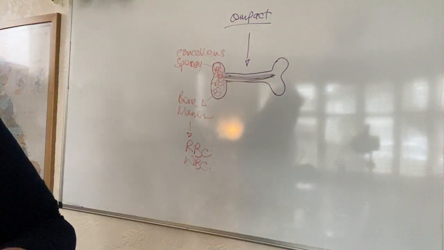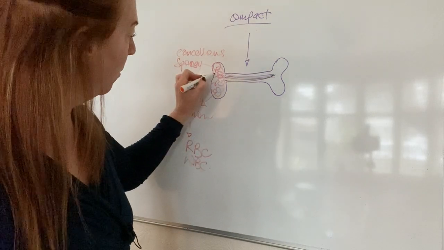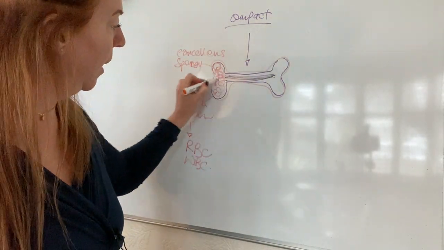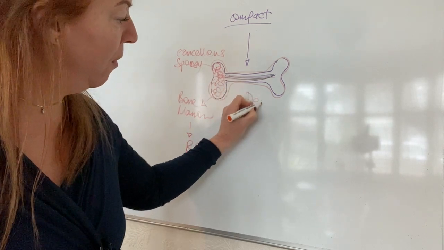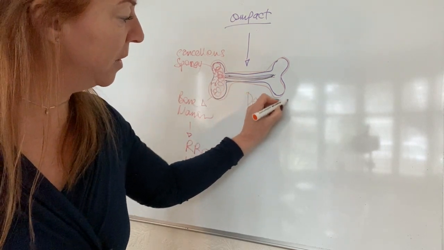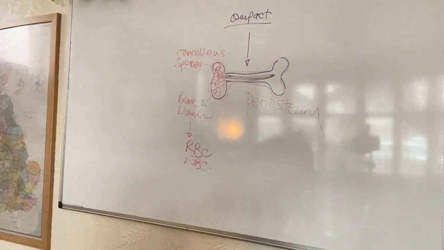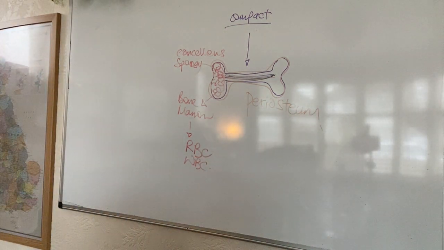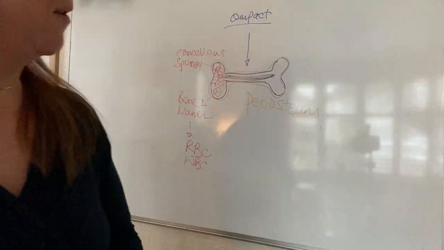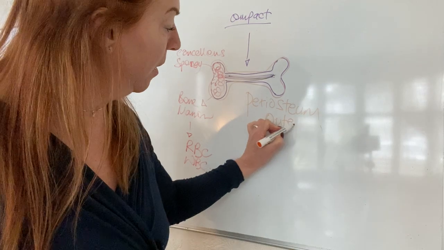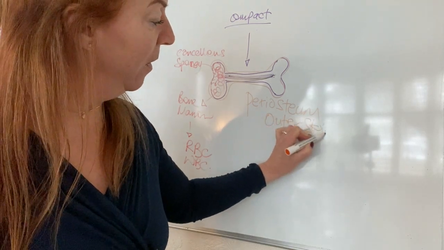We've also got the outer coating of the bone, this outer skin, called the periosteum. The periosteum, that's the outer skin of the bone.